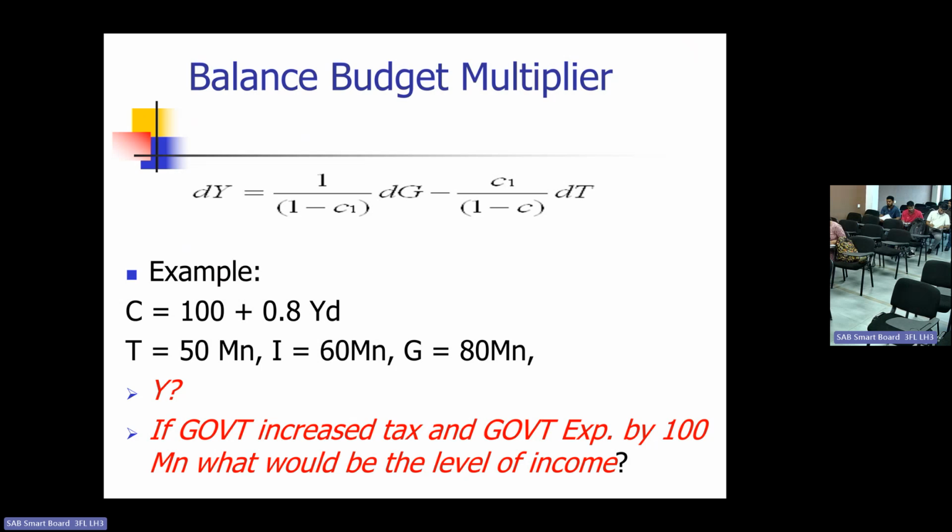Y equals 100 plus 0.8 into Y minus taxes, Y minus 150, plus I, plus government expenditure 160. So Y equals 100 plus 0.8 Y minus 0.8 into 150, how much is 0.8 into 150?